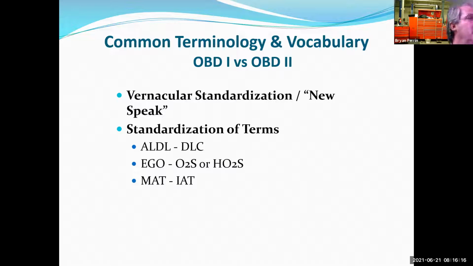Well, now universally, we have to call it an intake air temp sensor. So again, you can see where it used to be very complicated to work on different manufacturers' vehicles because you had to know the vernacular that that manufacturer used to look up stuff in the component locator, wiring diagrams, and so on, where now it's standardized.